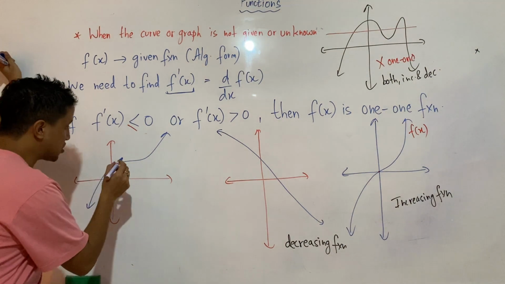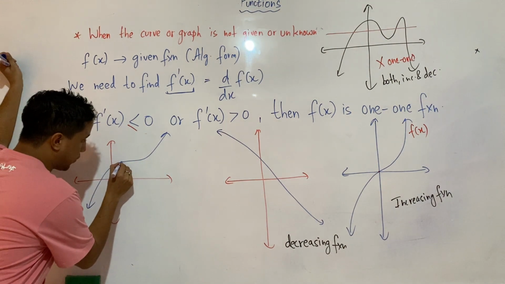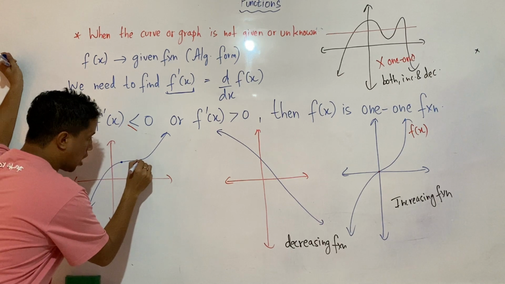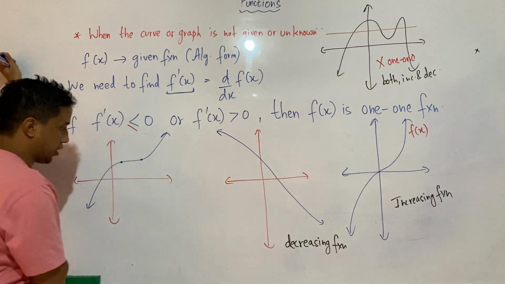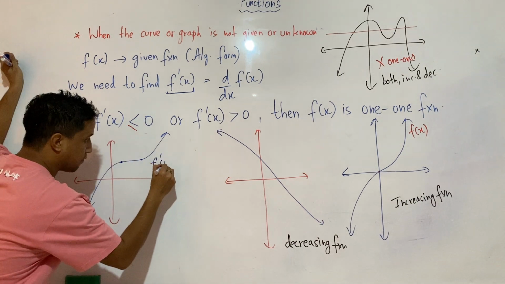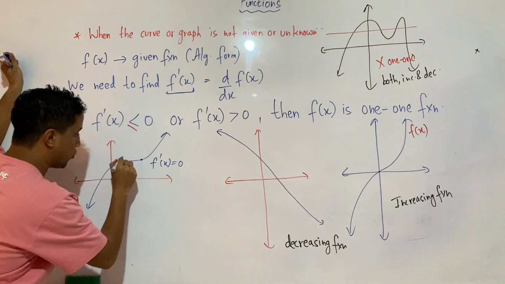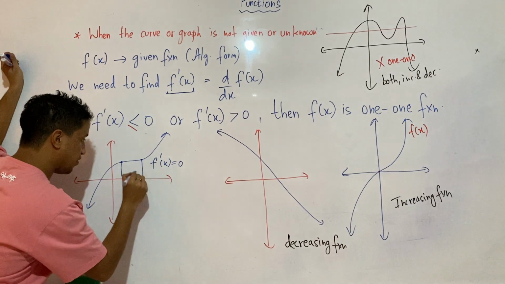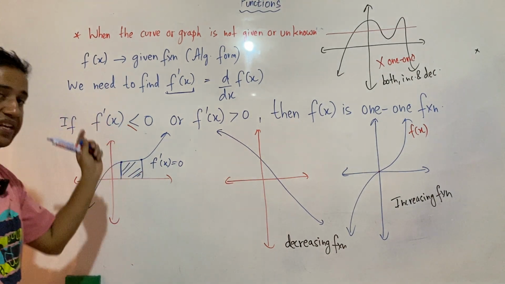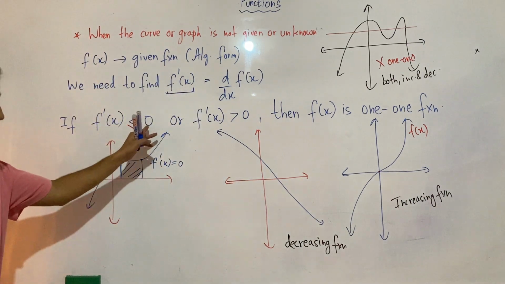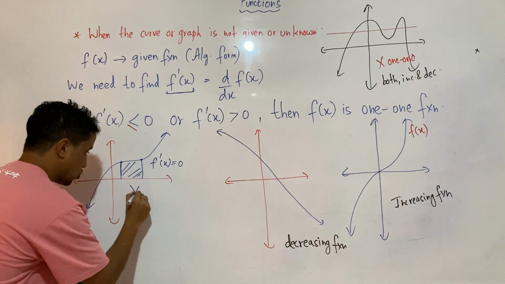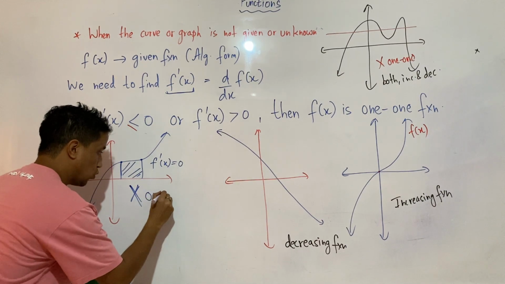Why? Because if you look from here to here, the derivative of this function is going to be 0 in this interval. So when the derivative is 0 in an interval, then it is not 1-1.